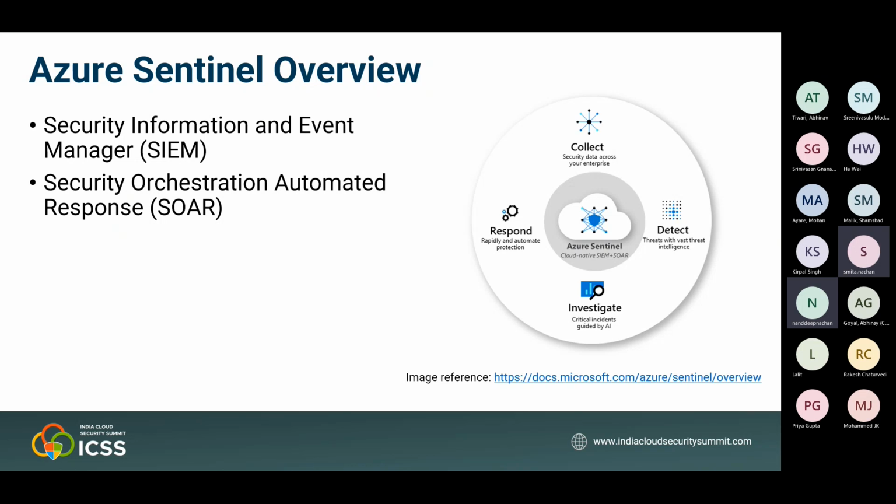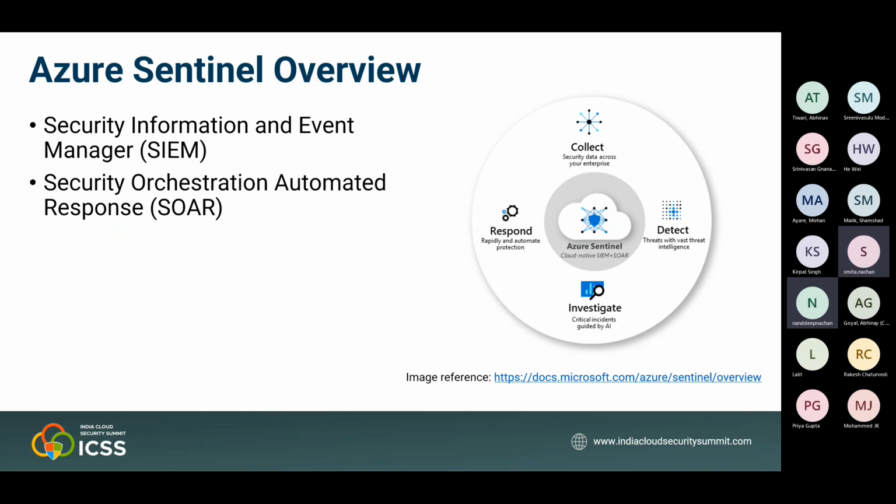It helps us to collect data at cloud scale across all users, devices, applications, and infrastructure, both on premises as well as in multiple clouds. It also helps to detect previously undetected threats and minimize false positives using Microsoft analytics and unparalleled threat intelligence.